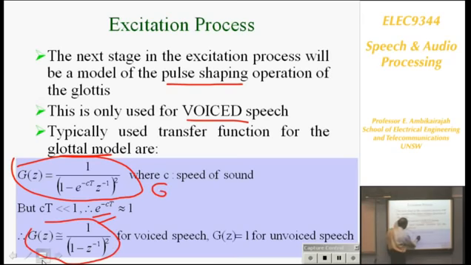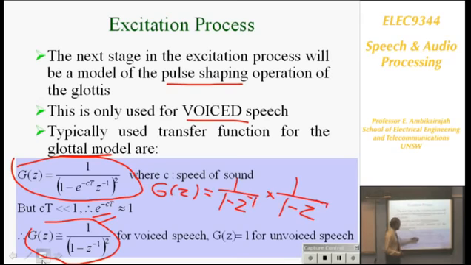Basically, G(z) is equal to 1 over 1 minus z to the minus 1 multiplied by 1 over 1 minus z to the minus 1. That means it's a first order low pass filter cascaded, so it's a second order low pass filter I get. And the glottis does not come into play for unvoiced sound, so for unvoiced sound G(z) becomes equal to 1.